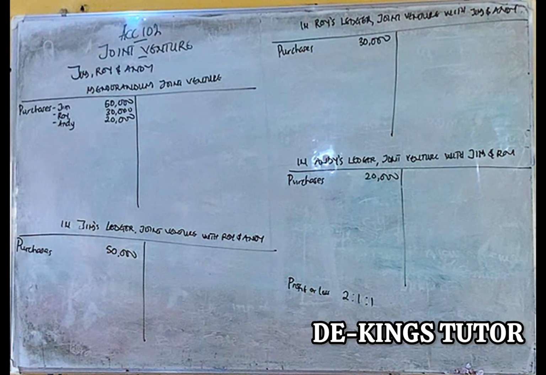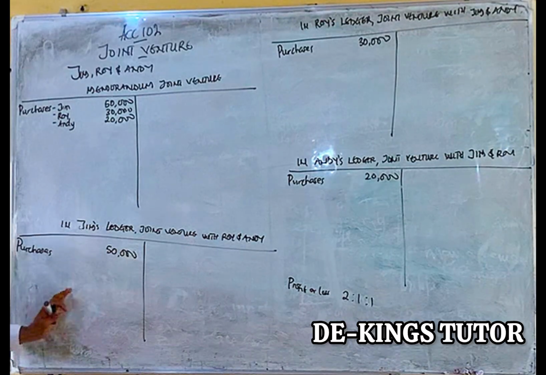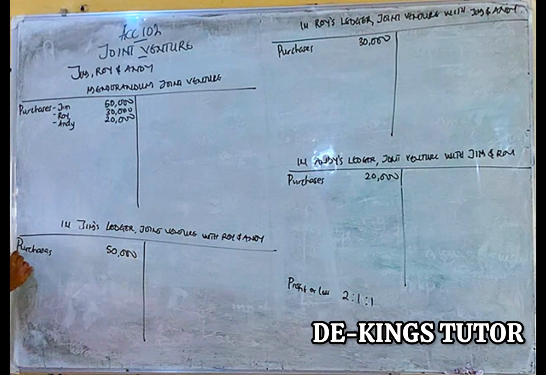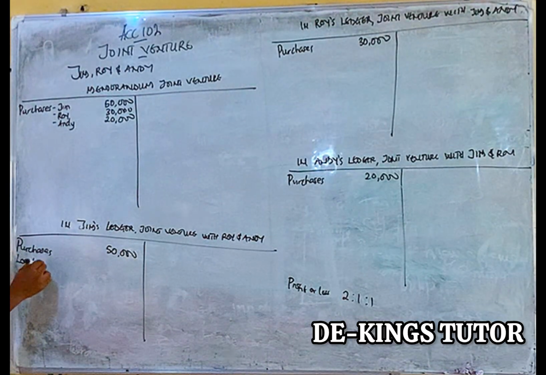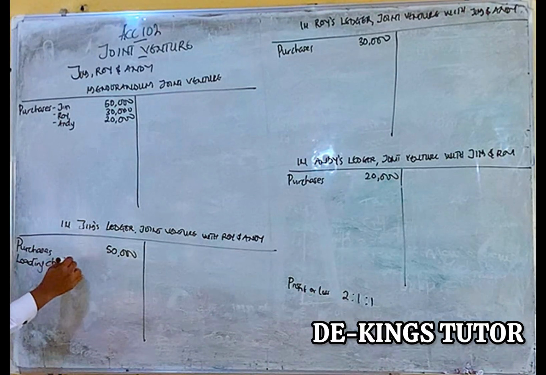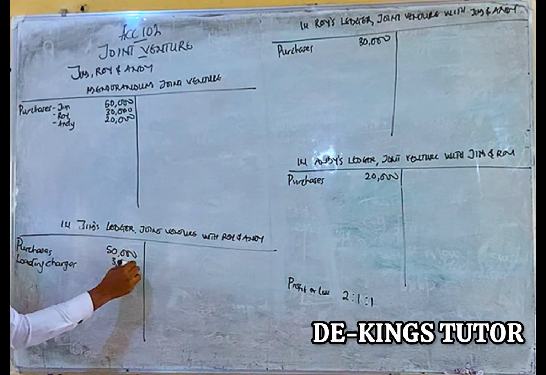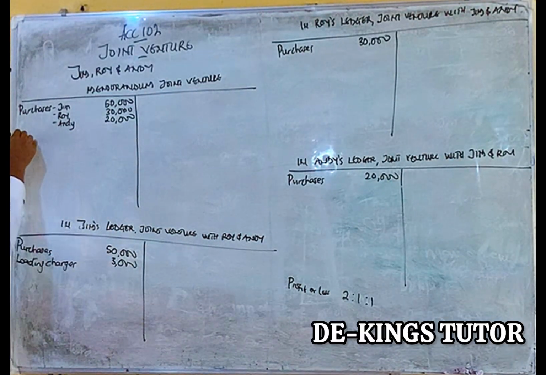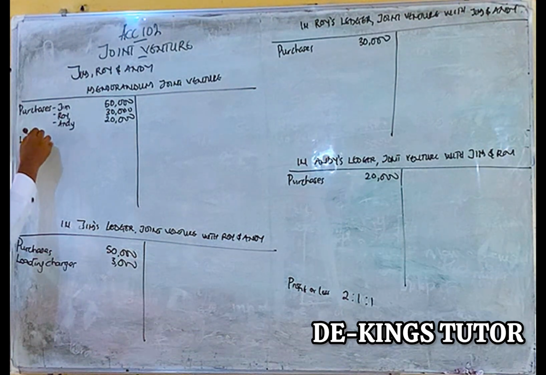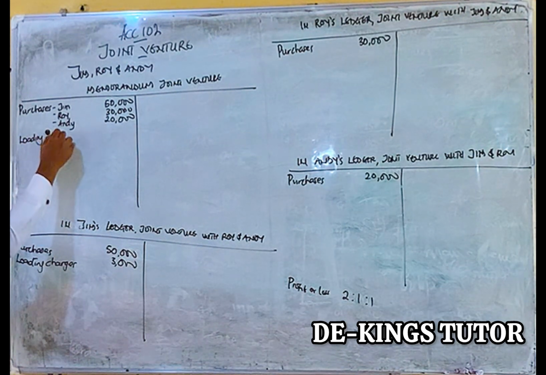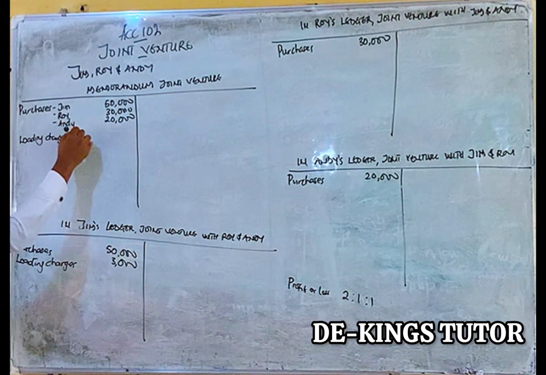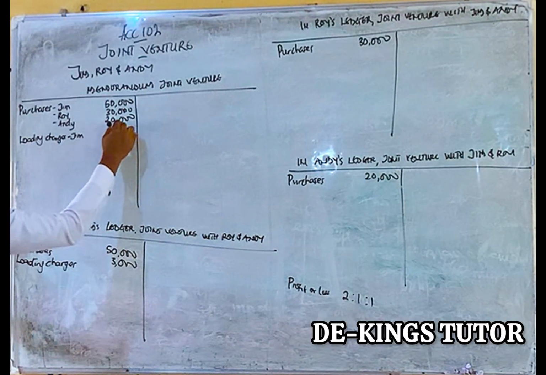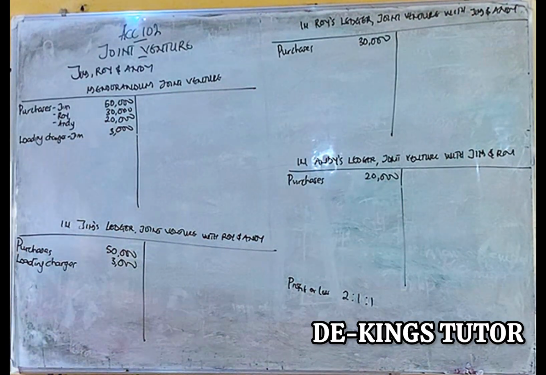That's an expense. Remember, we debit their expenses to their account. So for Jim, it is loading charges. How much is it? 3,000. So we are going to put it there also. Loading charges paid by Jim, 3,000. Did you get that?